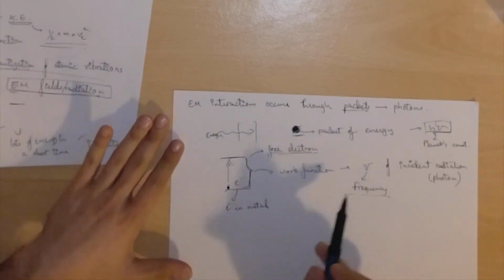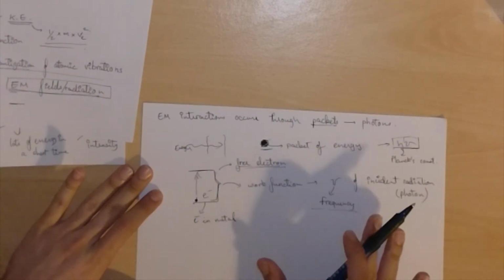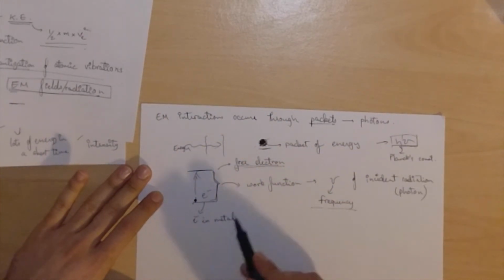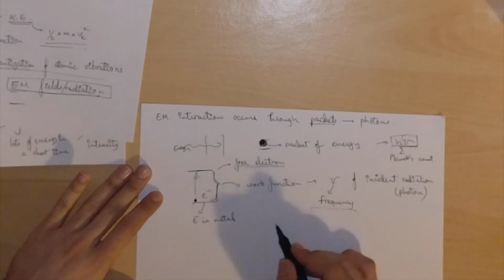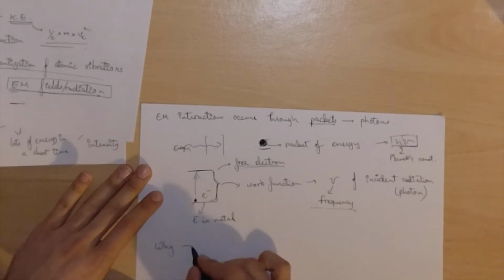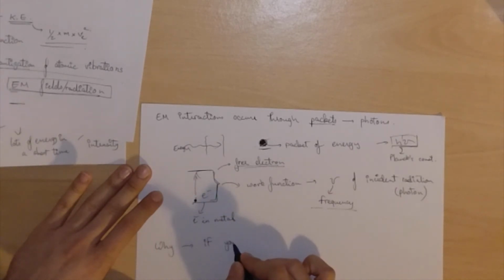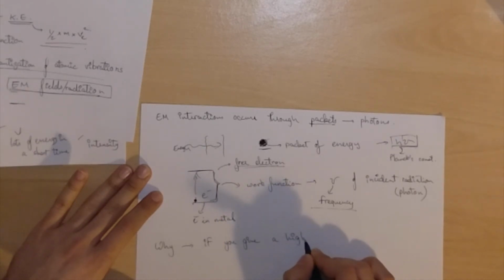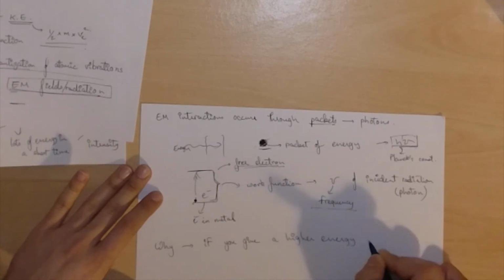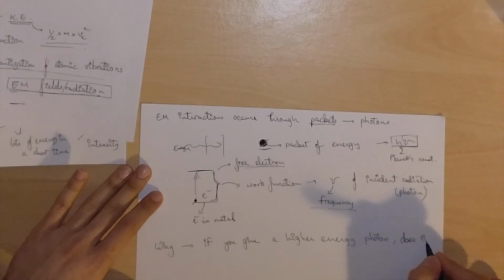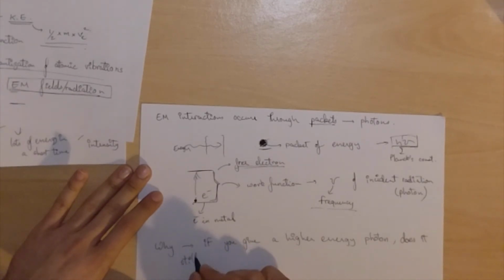Now, if you remember, we did something very similar for the atom itself, electronic transitions in an atom. We said in order for an electron to go from an inner shell to an outer shell, it must receive a photon which has that exact amount of energy. Now the question is, why, if you give this a higher energy photon, does it still get excited?